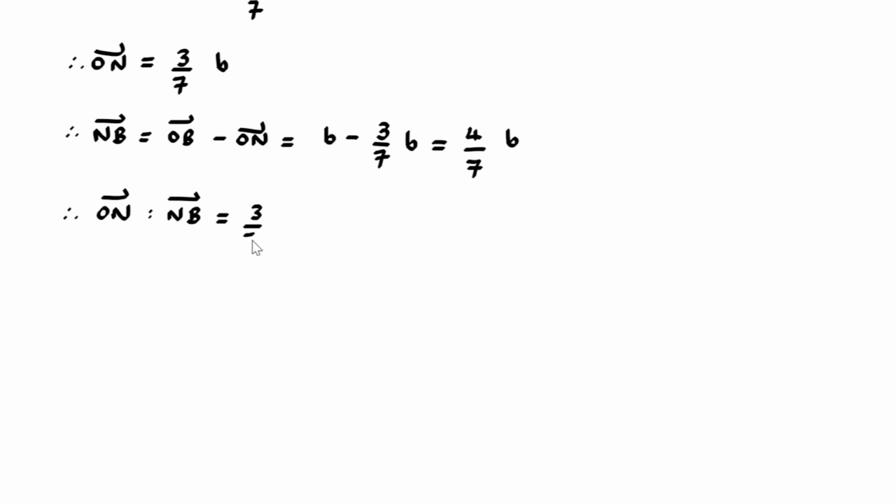I've got 3/7 B to 4/7 B. So this ratio would simplify to 3 to 4. So the ratio ON to NB is 3 to 4.